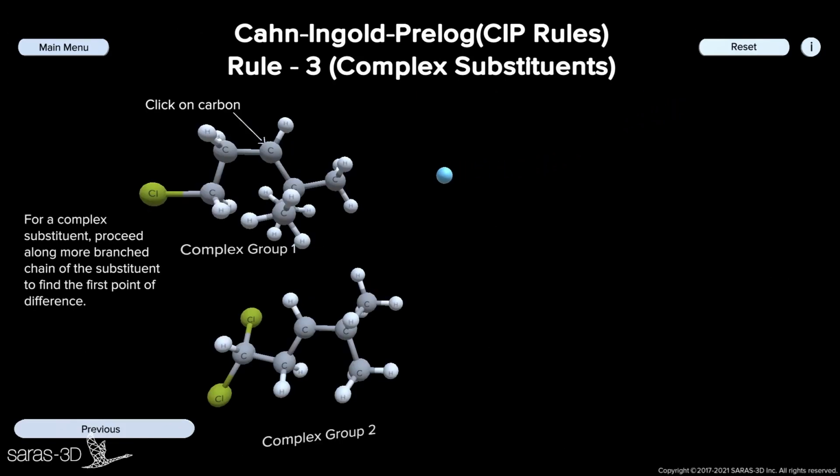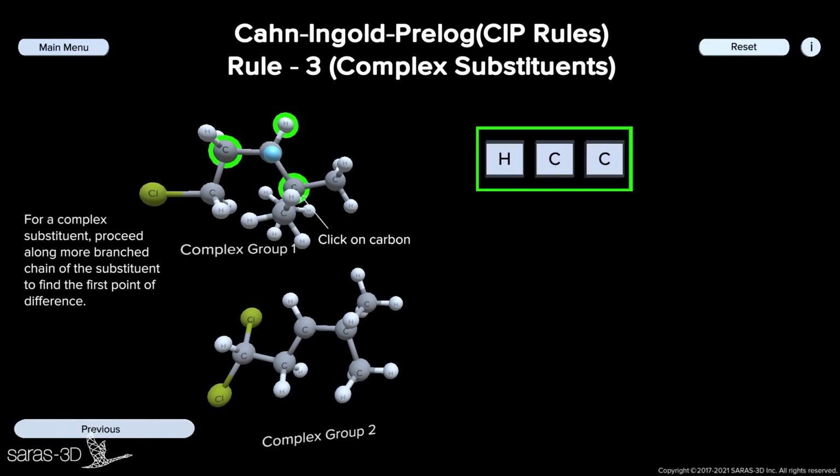For complex alkyl substituents, we have to proceed along the more branched chain of the substituents to find the first point of difference. So imagine that this carbon is bonded to the chiral center. If we click on this carbon, then we have carbon, hydrogen and carbon. Now there is a CH2Cl group and here we have the more complex substituent carbon.